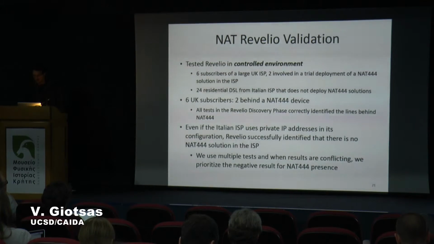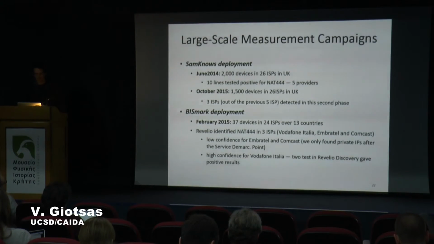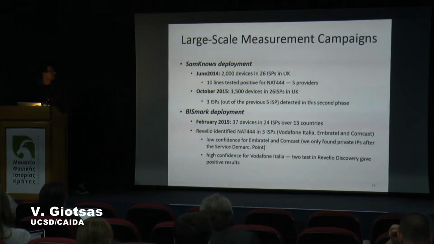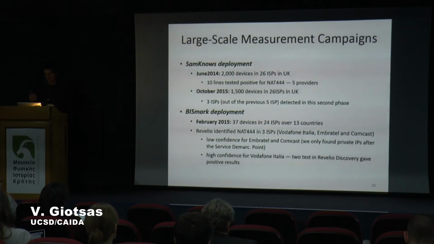And in this case, again, Revelio correctly inferred that CGN basically was not deployed despite the presence of private IP addresses. Also, the authors conducted two large-scale campaigns using two platforms, SamKnows and Bismark. The SamKnows experiment was repeated twice with about a year difference between the two experiments in order to determine whether the deployment of CGN has an increasing trend or not.